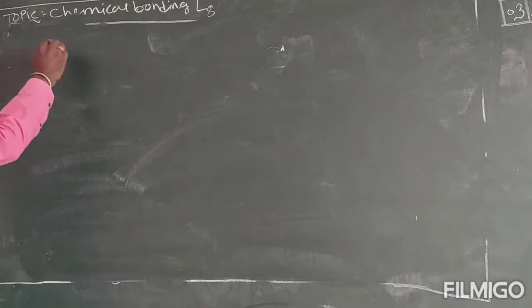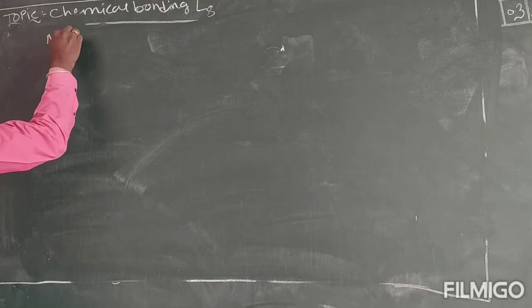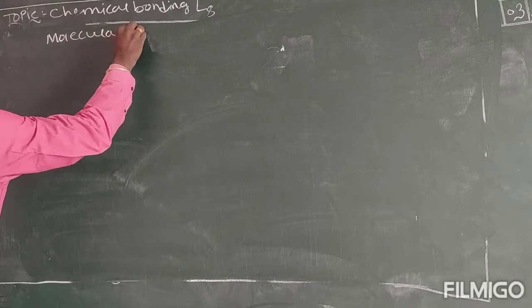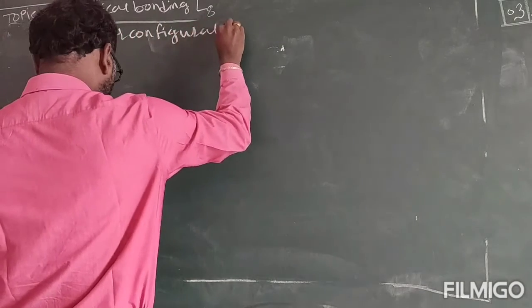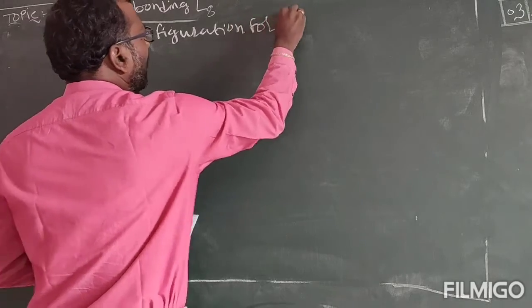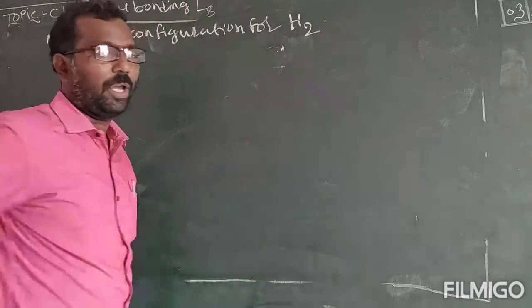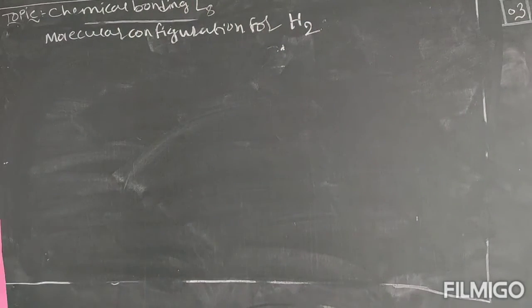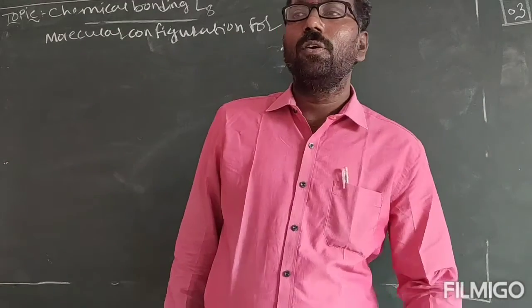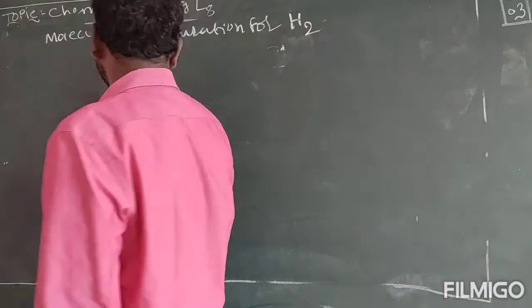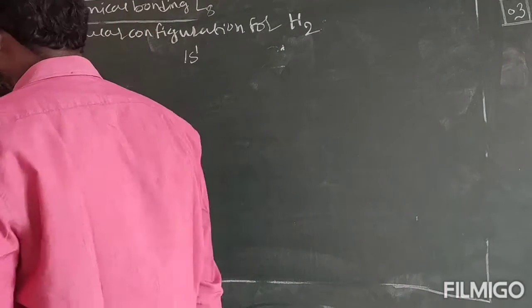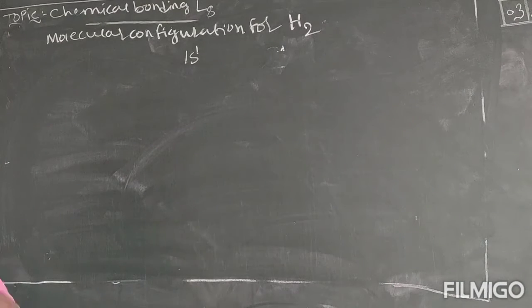Let us consider you have to write the molecular configuration for H2. Okay, for the H2 molecule you have to write the configuration. Now the most important thing is, you know that one hydrogen has a 1s1 orbital and two hydrogens will have 2 electrons.